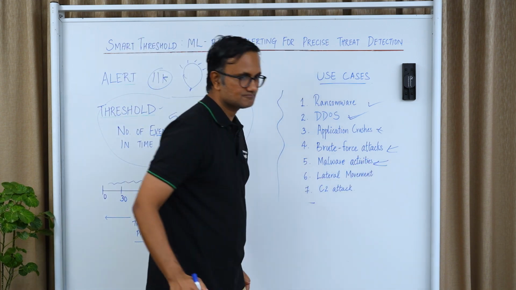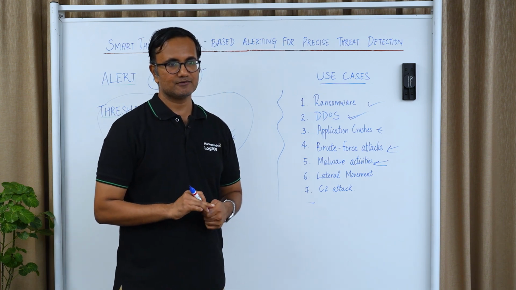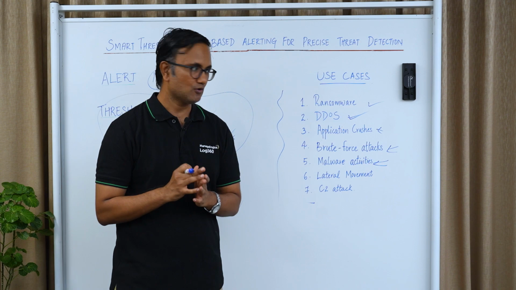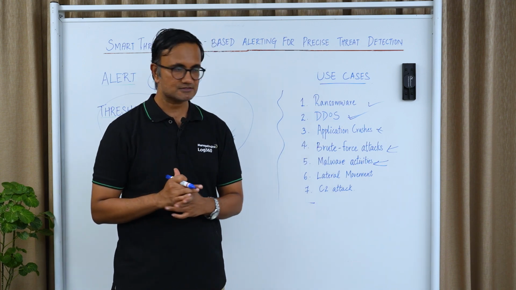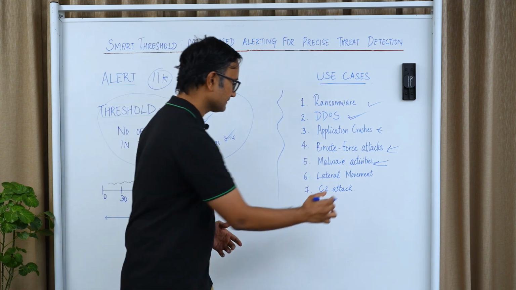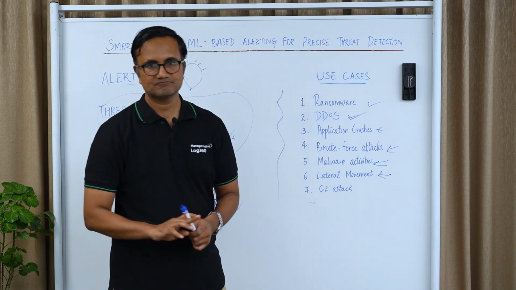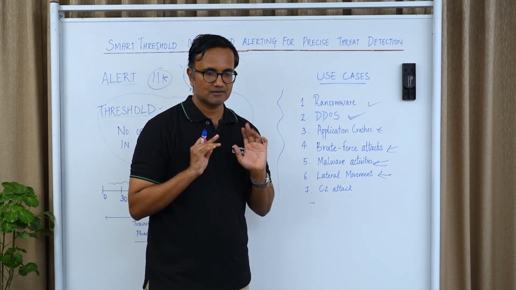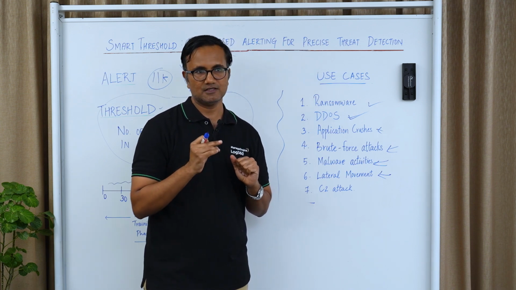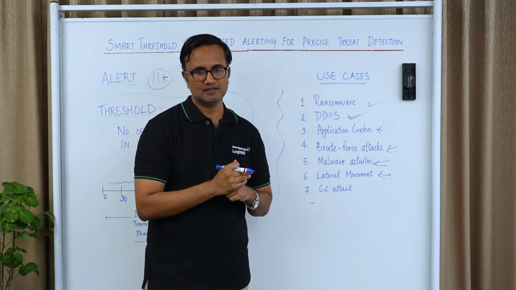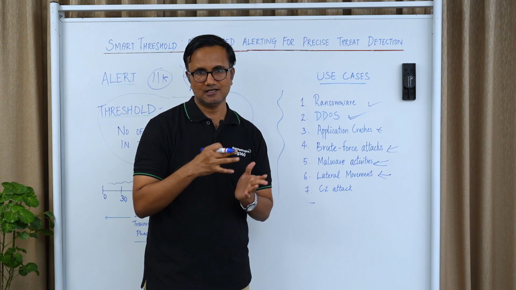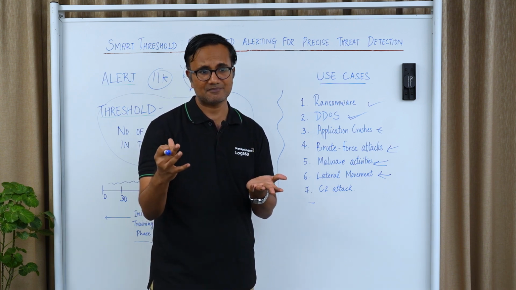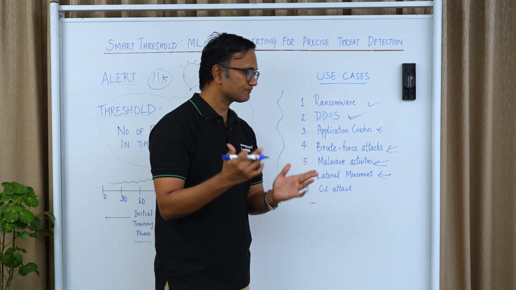Malware activities. There could be cases where a whole lot of registry changes are happening. A very telltale sign that a malware is taking place. Again, it can be smartly done. You have lateral movement. Now, a good example of lateral movement is when a whole lot of network shares or file shares, let's say there are accesses or modifications happening.